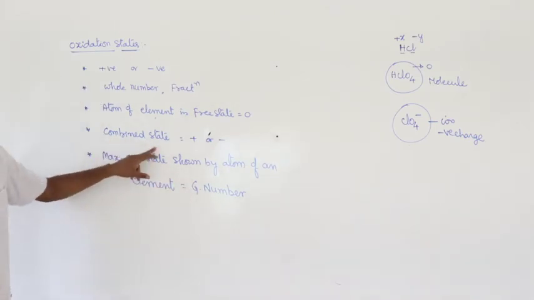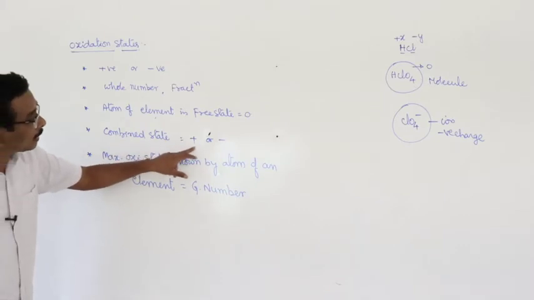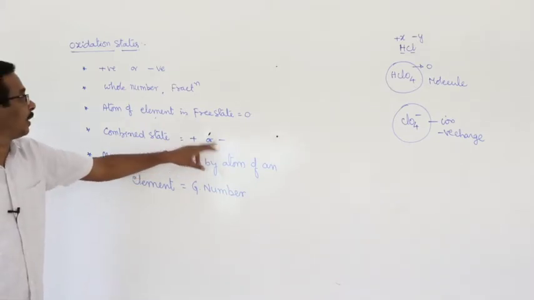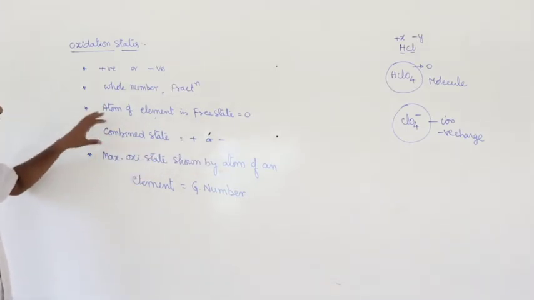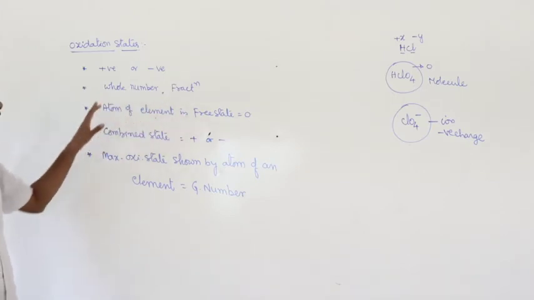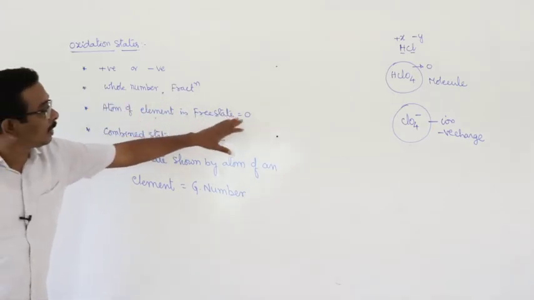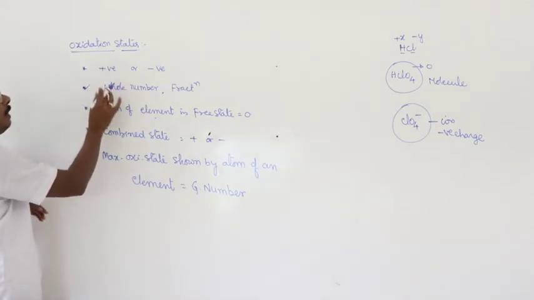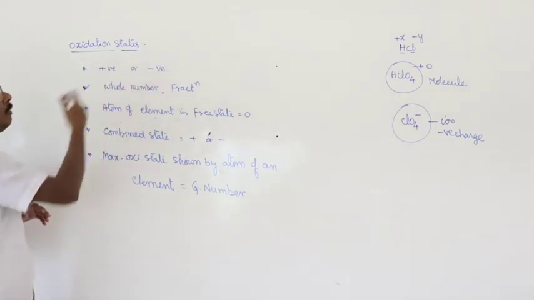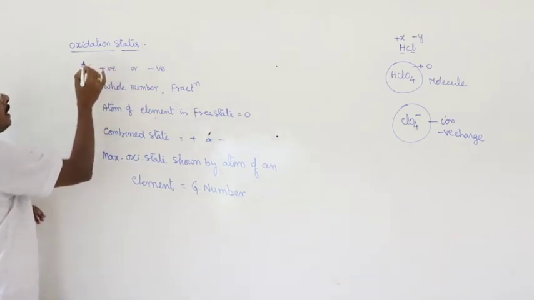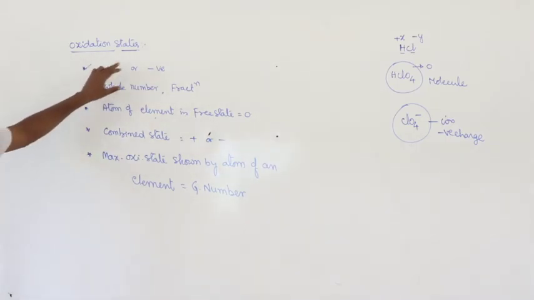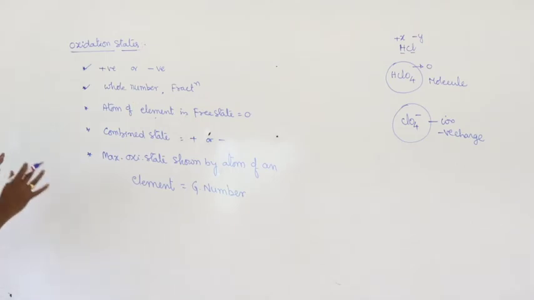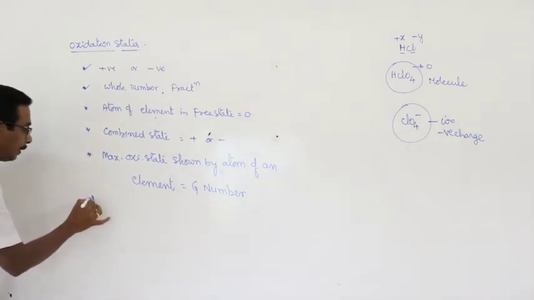And in combined state, an atom may exhibit either positive or negative oxidation states. But in free state, the oxidation state of an atom of an element is equal to 0. And next, the oxidation state of an atom may be a whole number or in fractional values. The oxidation state of an atom of an element may be positive or negative. These are all the important features, right?